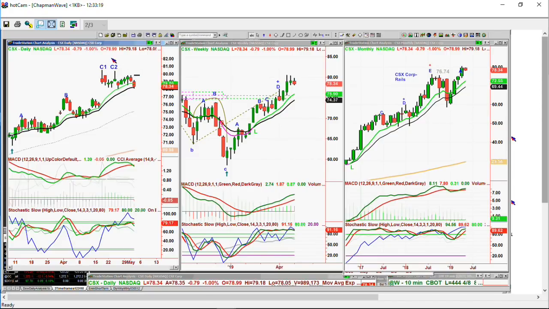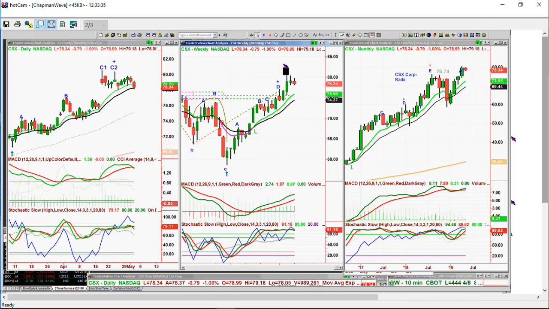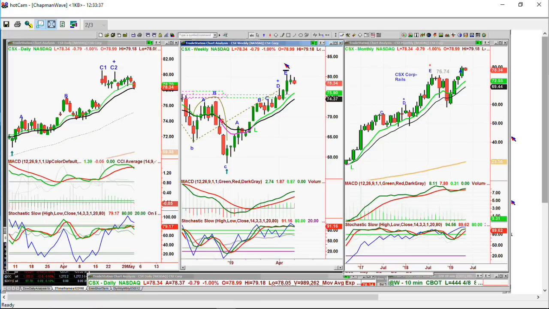So it acts like a D, so it could pull back. And a leg E, a peak E already in the weekly chart, and a spectacular move to all-time highs in the 80 area, between 81 and 80. Why shouldn't it have a little bit of a rest right here? All right, that's CSX, core rails.